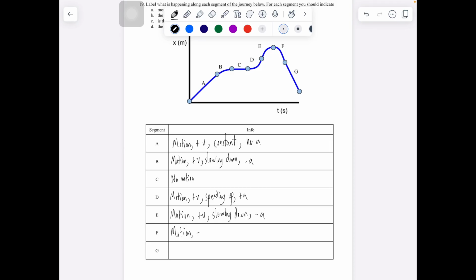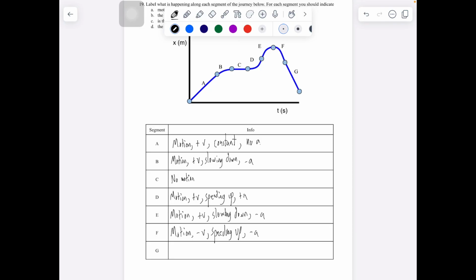This time, we're moving backwards because we have a negative slope. Negative slope means you're moving backwards in that negative direction. We are speeding up. Even though we're going down on the graph, we're speeding up, because you can tell speed from the steepness. The line's getting steeper, so we're going faster. Moving backwards, speeding up, is a negative acceleration.